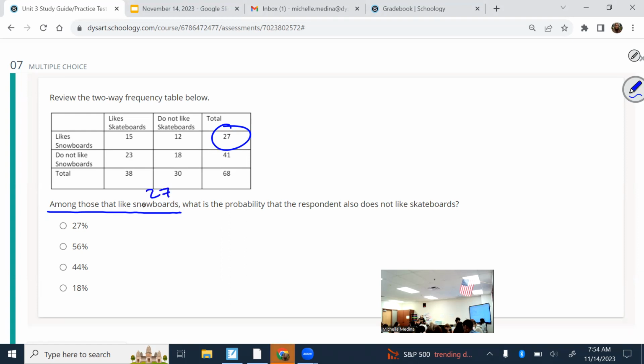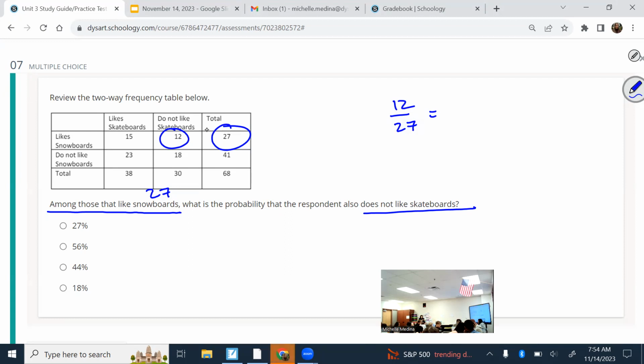And when we say among those people, out of those people, that should be my denominator. Because now we're going to figure out of those 27 people, what's the probability that the respondent also does not like skateboard. So out of this criteria, how many do not like skateboards? So that's going to be my numerator. And then I put that in my calculator. What does the fraction bar tell you to do? What math? So 12 divided by 27. Let me put that in my calculator.